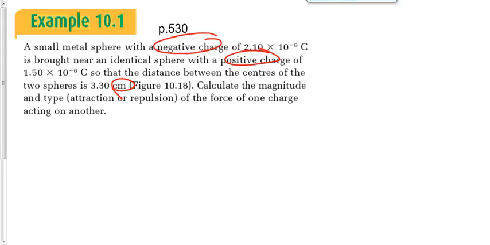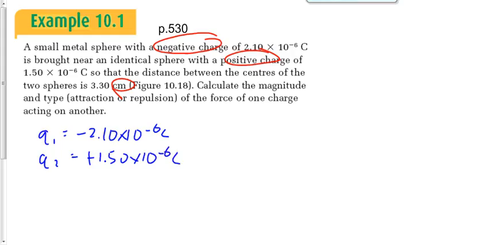Let's write down some givens here. We know that the first charge is negative 2.10 times 10 to the minus 6 coulombs. Second charge is positive 1.50 times 10 to the minus 6 coulombs. Somebody in the last class said, does it matter which one we make Q1 and which one we make Q2? What do you think? No, it doesn't matter. 1 times 2 is 2. 2 times 1 is 2.